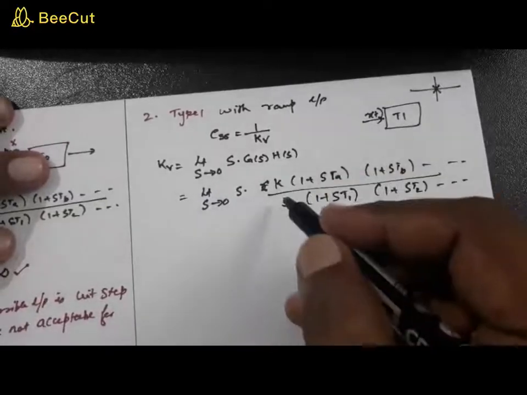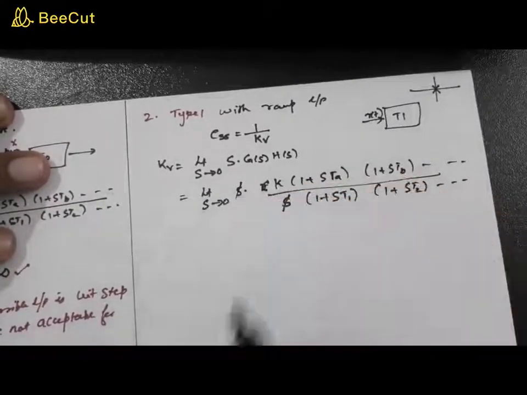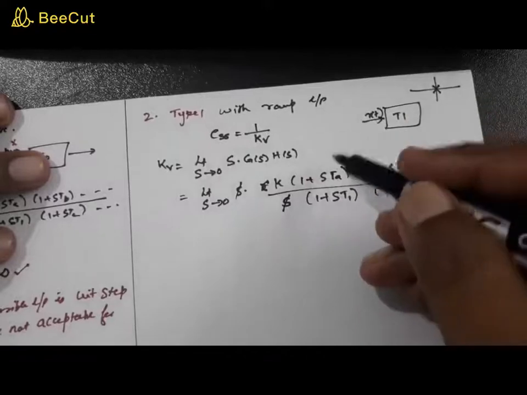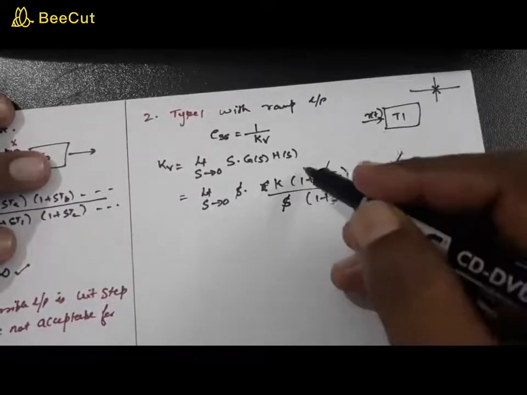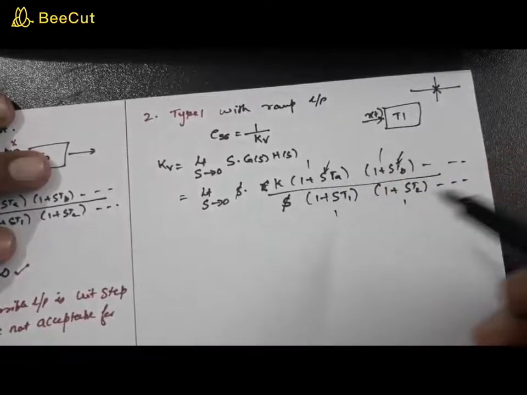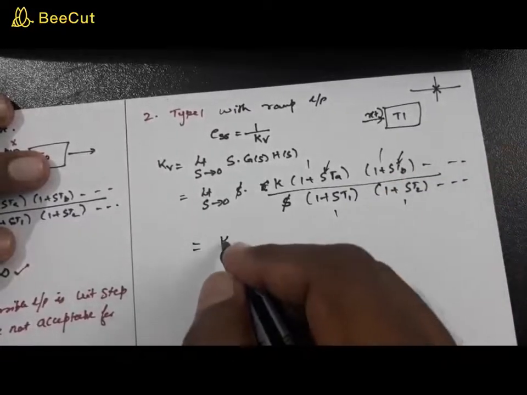You need to cancel first before applying the limit. The s terms in the factors become 0. So altogether it has 1, 1, 1, 1, and this becomes equal to K, right?